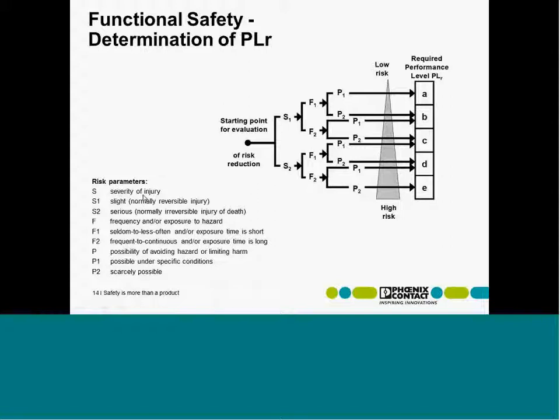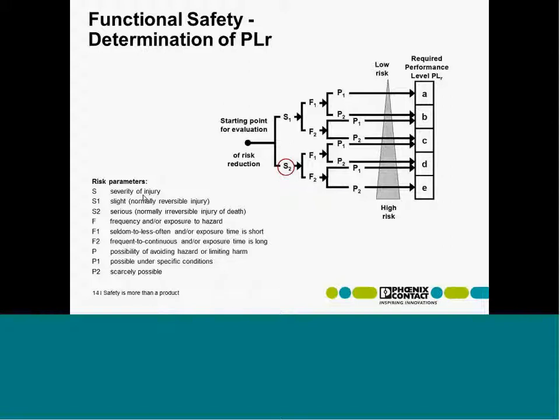Of course, I think you would agree I have to take into account serious injury, or maybe even death as a fatal outcome. For this reason, we select the parameter S2.